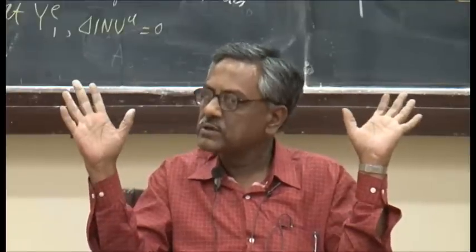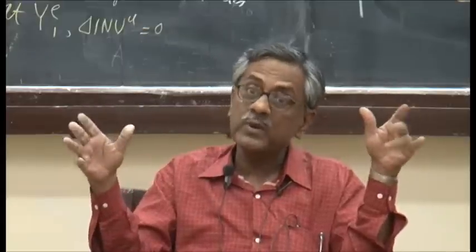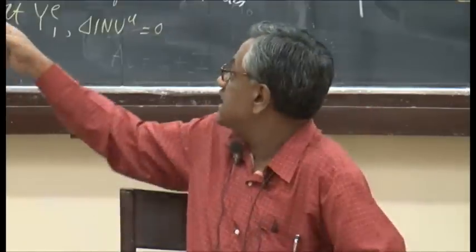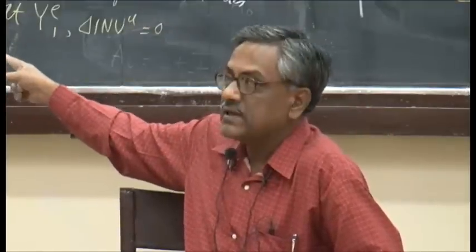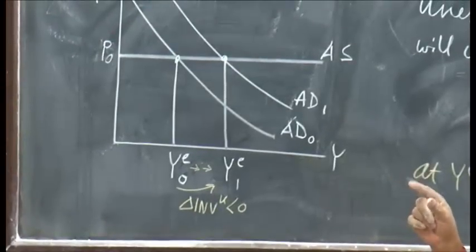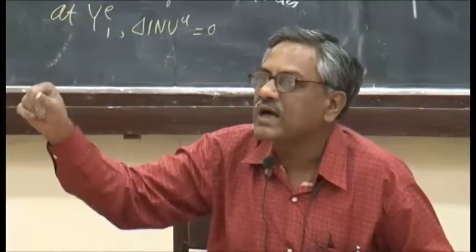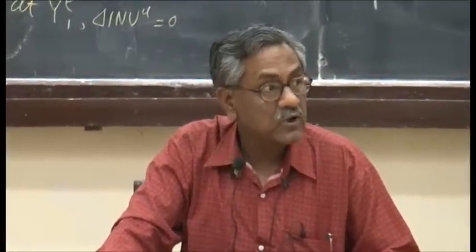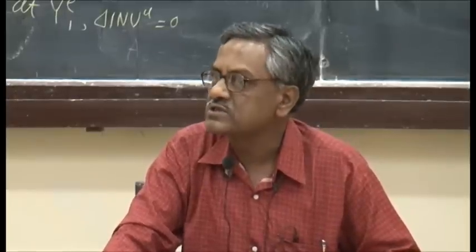You are absolutely right. Inventories may not be sufficient to meet all the demand, then you don't meet the demand for a few periods. That's why I'm saying from Y0E to Y1E, the new equilibrium value, this on a diagram looks like a smooth line. It may not be at all. It takes a few time periods, a few hiccups, a few adjustments, and finally it reaches.